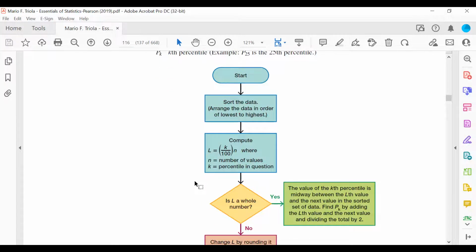And then this is where it gets confusing. There are going to be two roads to take.